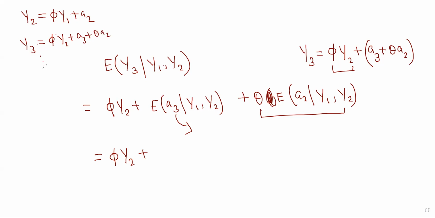So once you know Y2, you basically know A2. If you know Y1, Y2, you know A2, which is Y2 minus phi Y1. So this is simply theta times the realized A2. You know it now.